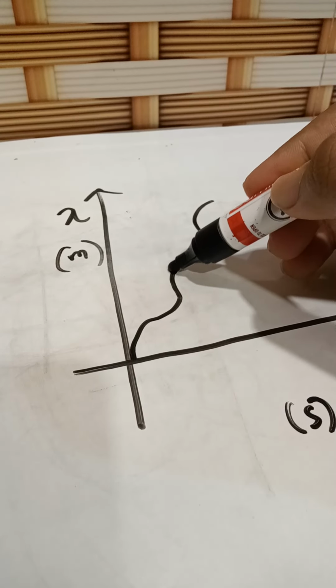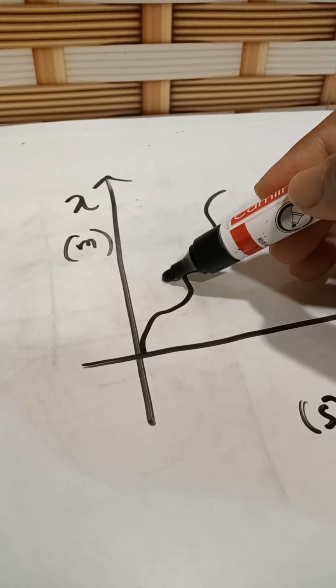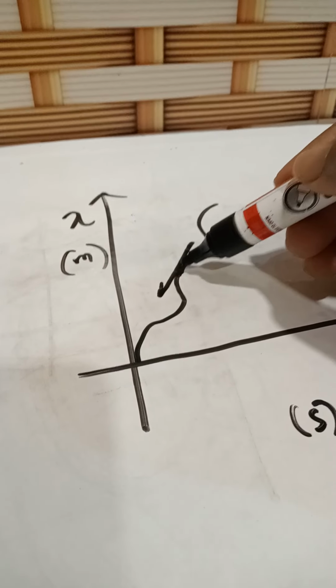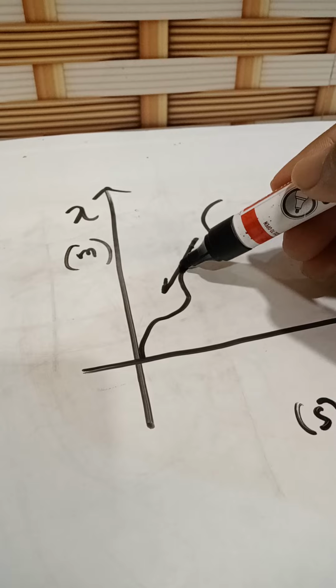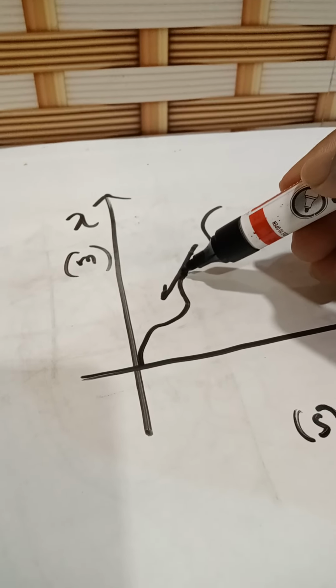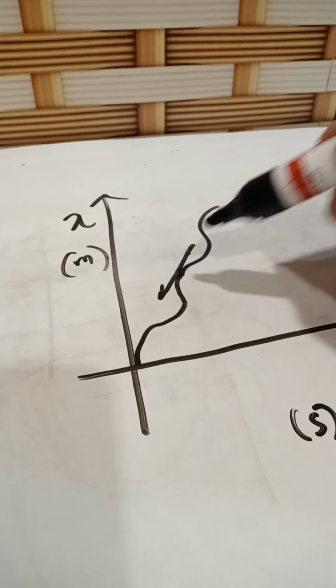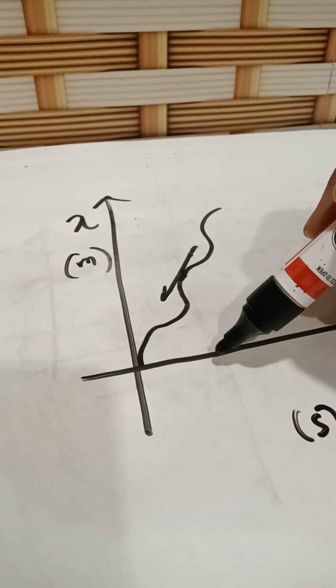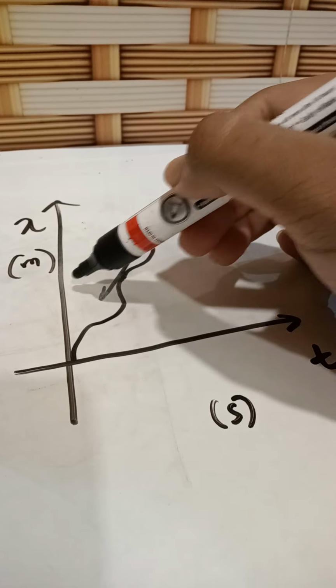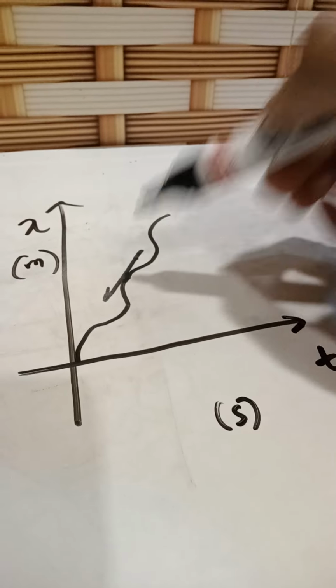At this point, when you calculate the slope, you get the instantaneous velocity of the car at that particular point in time and distance.